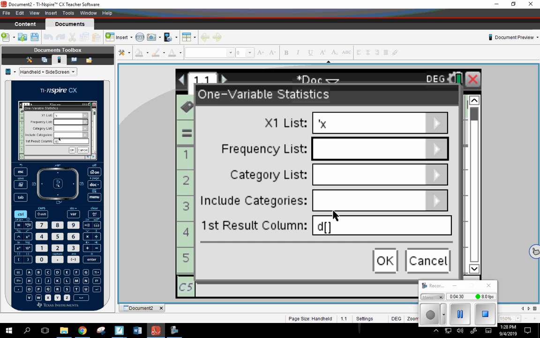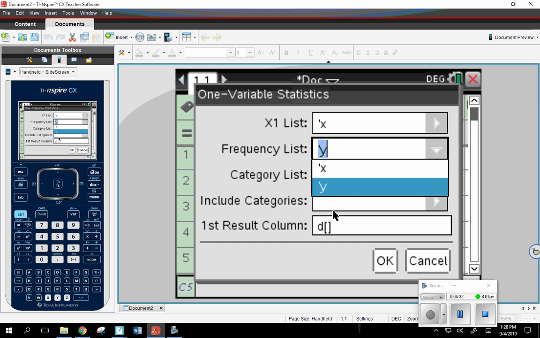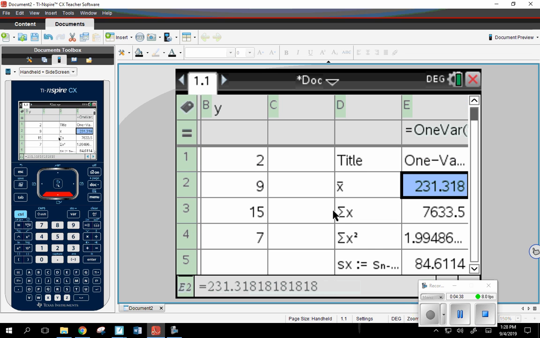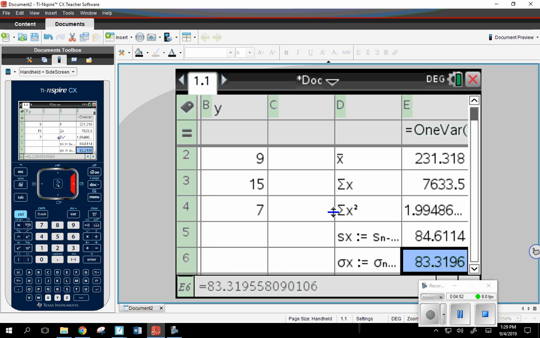Frequency list, we want to make sure to choose that column heading that I put in. And it looks like everything will show up in column D. Okay. So it looks like the mean, using the midpoint, 231.32, depends on how many significant figures you want. Okay, 231 if you're going to say 3 sig figs. Let's see here. Standard deviation, so about 83.3.